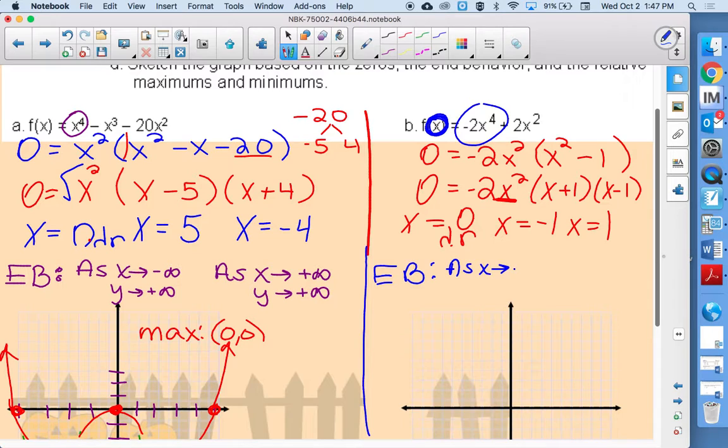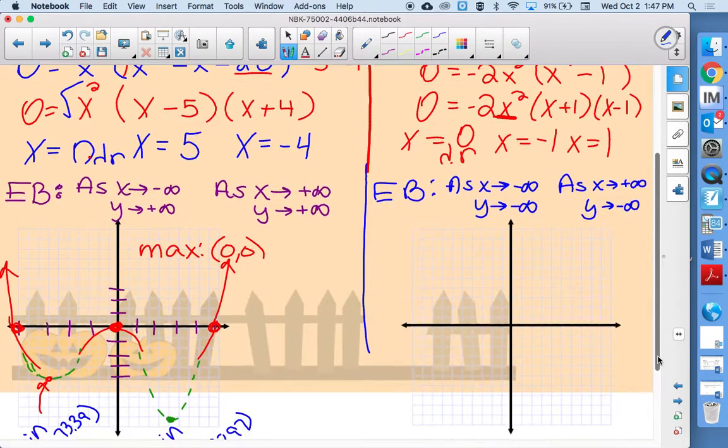So my y goes down on the left, and on the right. Then plot your points. So we have a -1 and a +1.